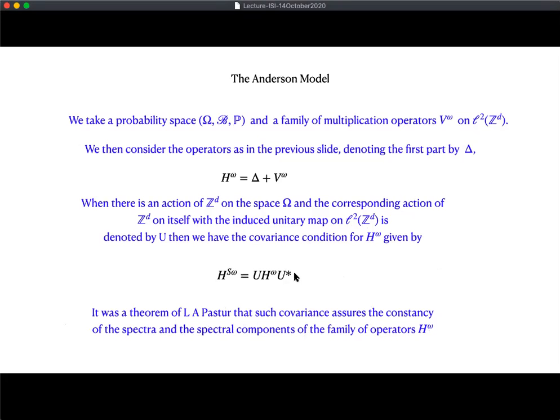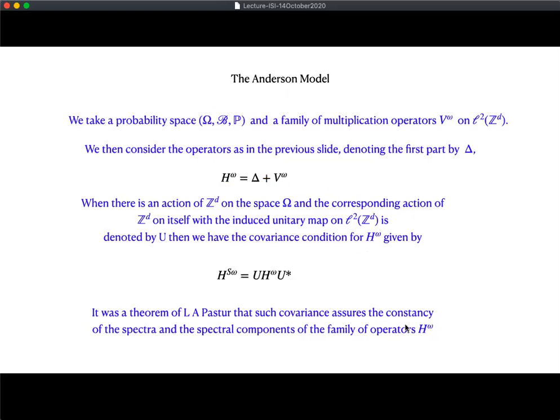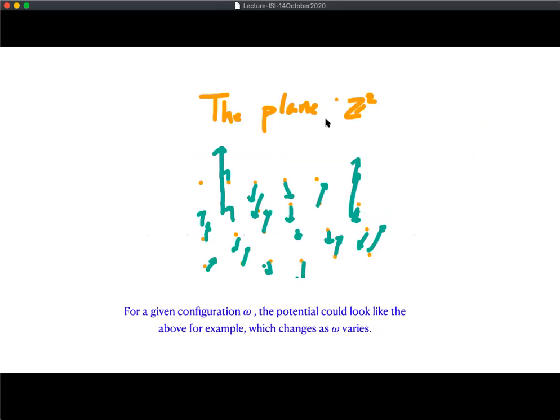But this covariance assures us that the spectrum is a constant set. It's not only the spectrum, but the spectral components, namely the point spectrum, absolutely continuous spectrum, and such components are all constant sets.